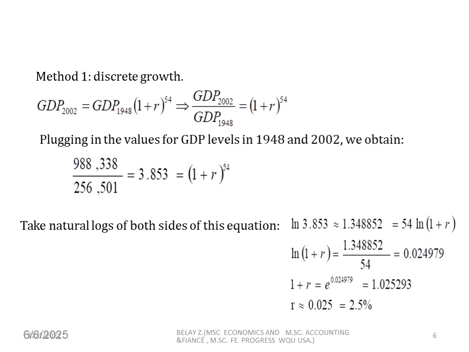Then 1 plus r is equal to e to the power of 0.024974, equal to 1.025. Then r is equal to 0.025, or 2.5%. This is how we can calculate using the discrete method.